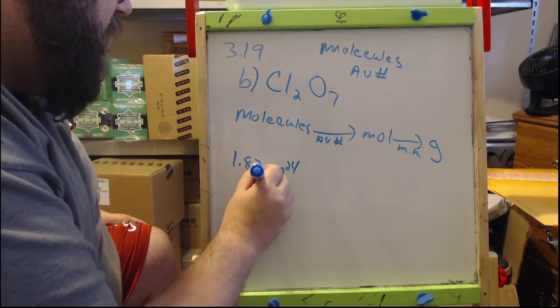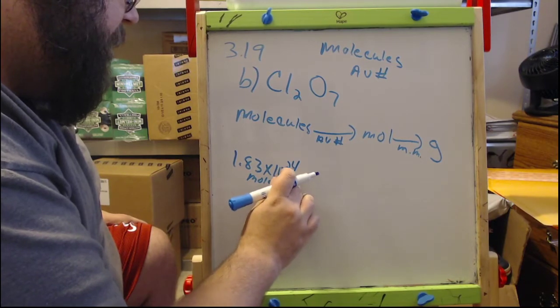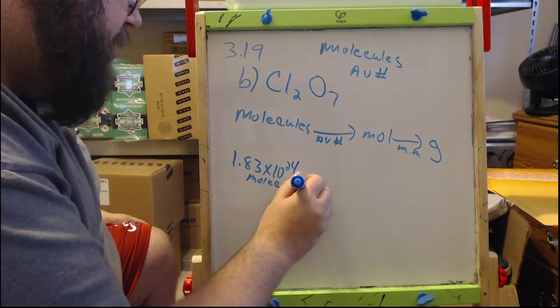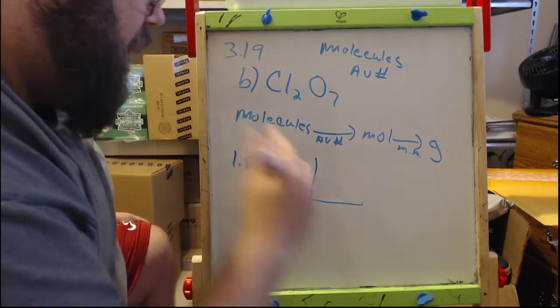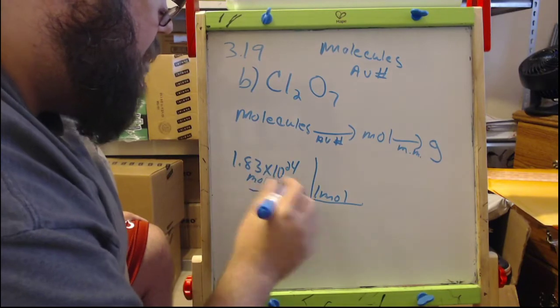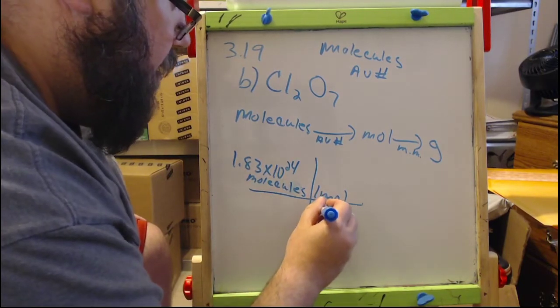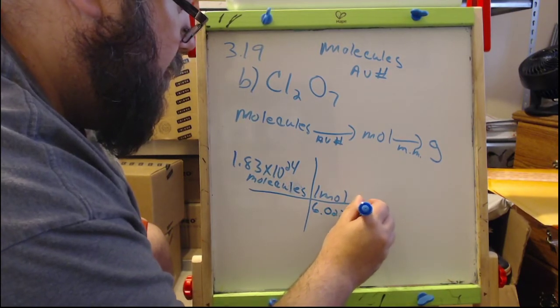Okay, molecules. Then 1 mole has Avogadro's number of molecules, 6.022 times 10 to the 23rd molecules.